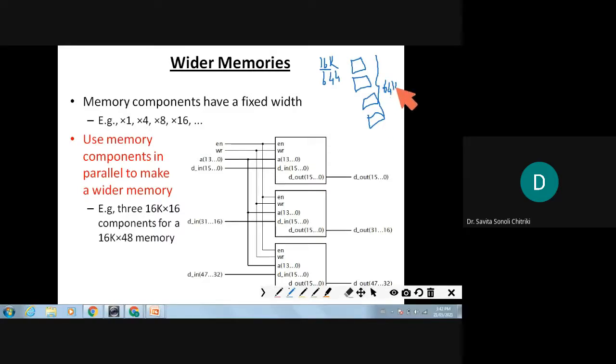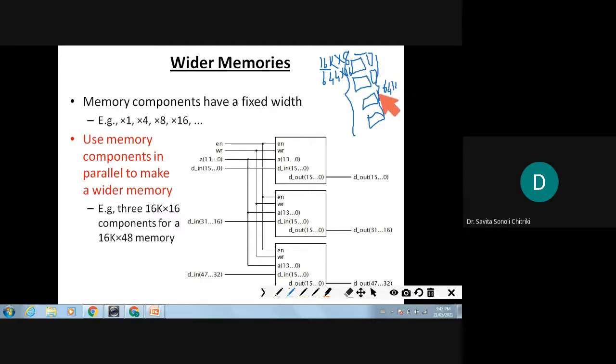So this is increasing the length of the memory, right? Think now, if I have 64K cross 8, and I want to make it 16K cross 8 all of these to 16 bits, then what should I do? I have to even increase the width also.